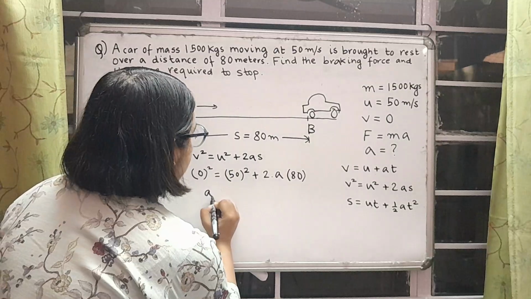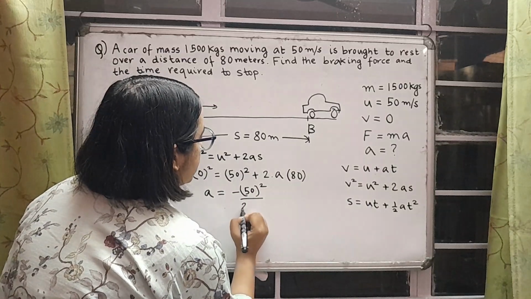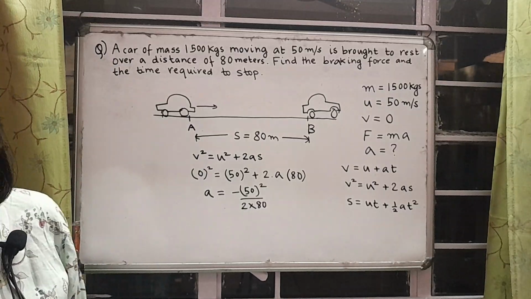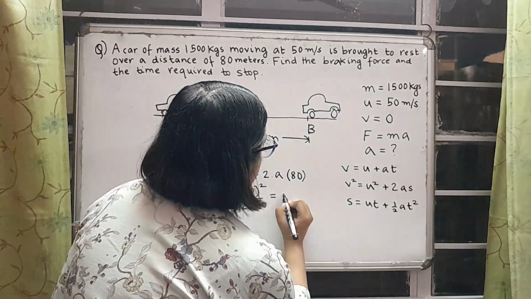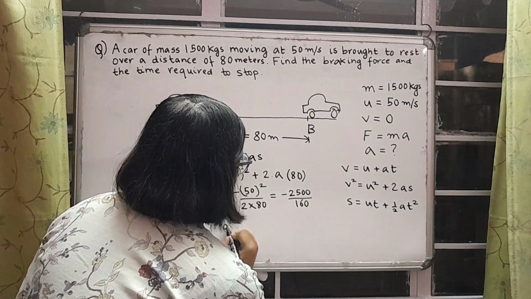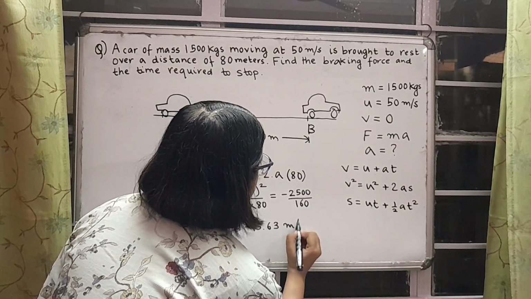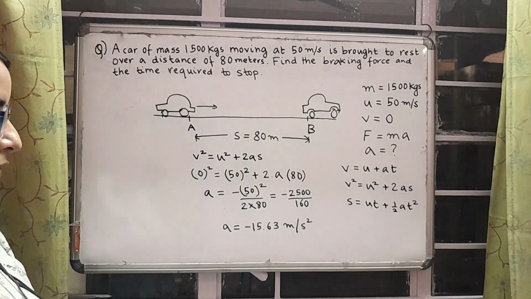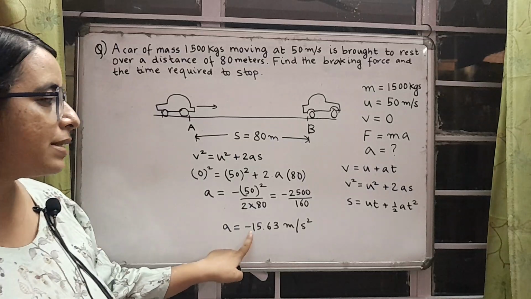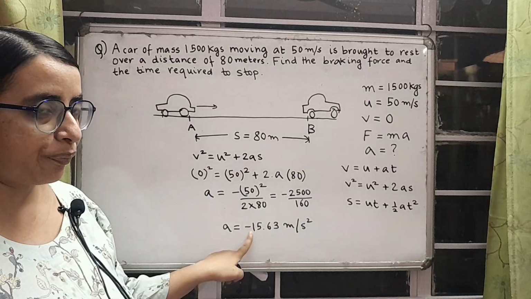If I solve this, I get a equal to minus 50 squared by 2 into 80, which is 2500 by 160, so a comes out to be minus 15.63 meters per second squared. That is my acceleration. Since it comes with a negative sign, I can say that the body is decelerating.